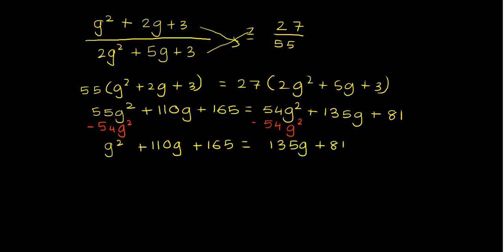Now let's subtract 135g from both sides. So I'm left with g squared minus 25g plus 165 equals 81.